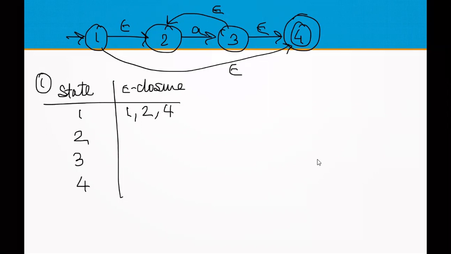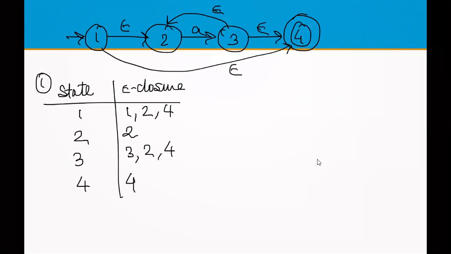Similarly, 2 on epsilon cannot go anywhere other than 2 itself. 3 on epsilon can go to 3, it can go to 2, and it can go to 4. And 4 on epsilon cannot go anywhere but itself. So we have performed the first step of our algorithm. That is, we have computed the epsilon closure of all states of the NFA.